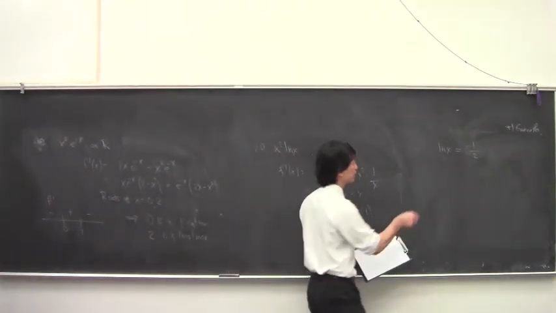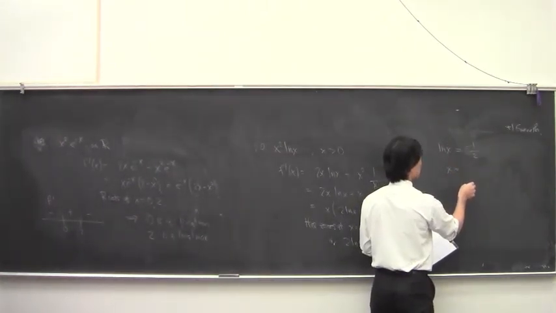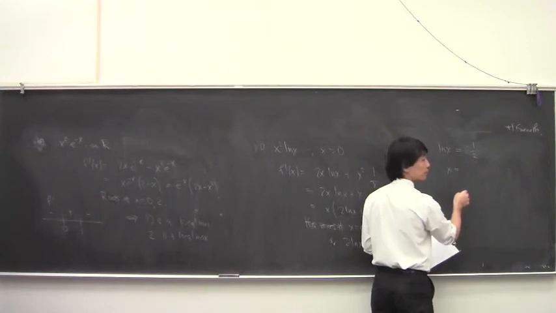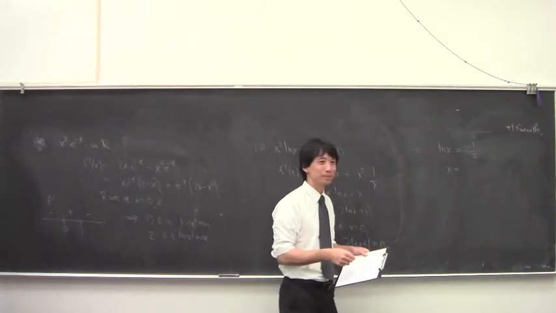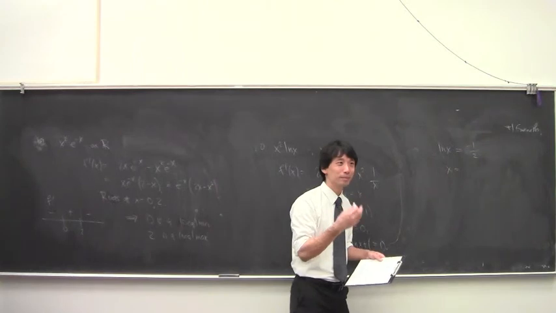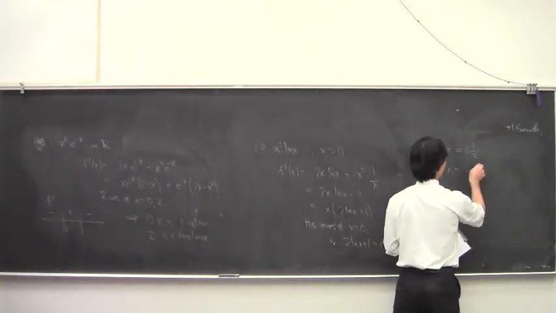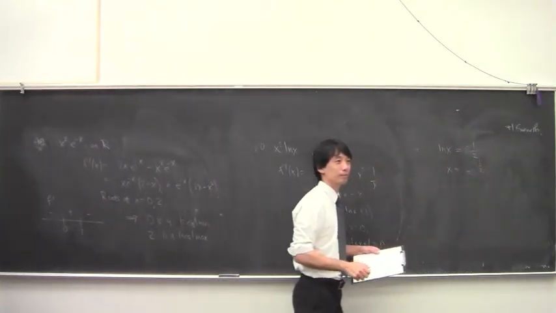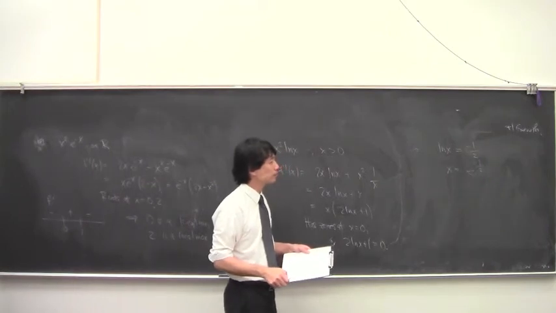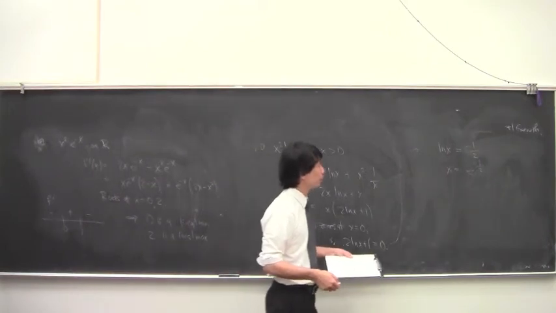So what's x? e to the negative 1/2, 1 over the square root of e.